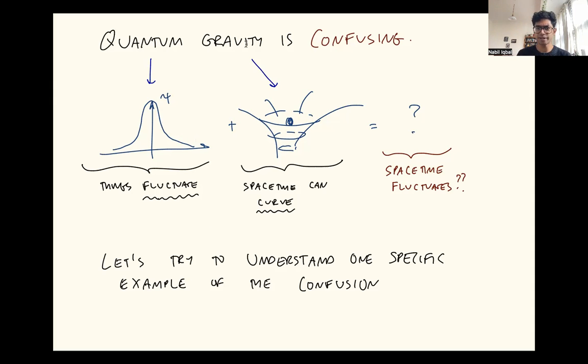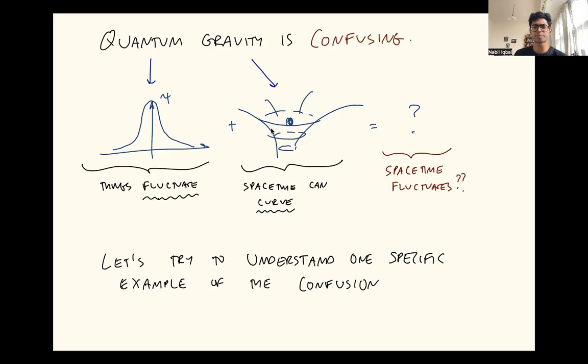Now, what about gravity? Gravity tells us that the fabric of space and time can curve. A heavy object, through Einstein's theory of general relativity, will curve space and time will tick differently near that object. So what this really tells us is that space and time itself is a dynamical degree of freedom that can change when gravity is important.